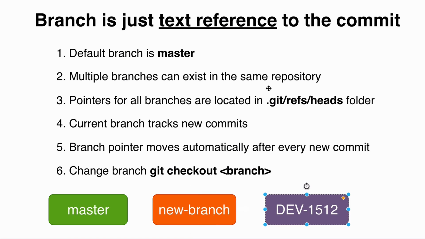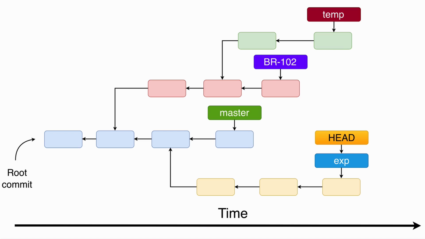But why do we actually need branches? Let's have a look at this diagram. Let's suppose that you are working on your master branch, and here you see commits made in the master branch. Please notice that the timeline is here, so here you see older commits, and here to the right more recent commits.